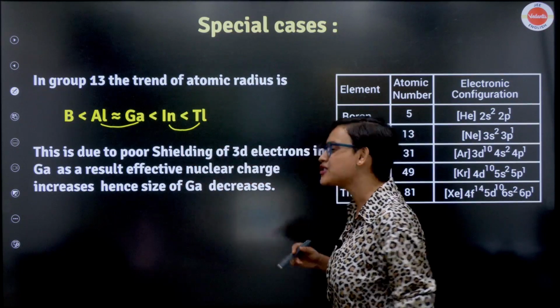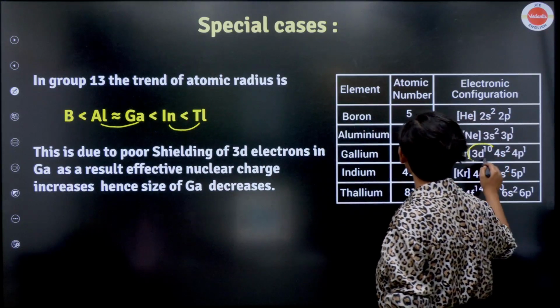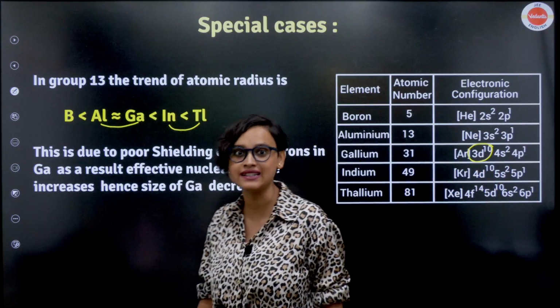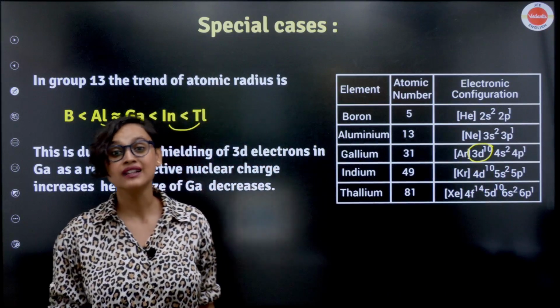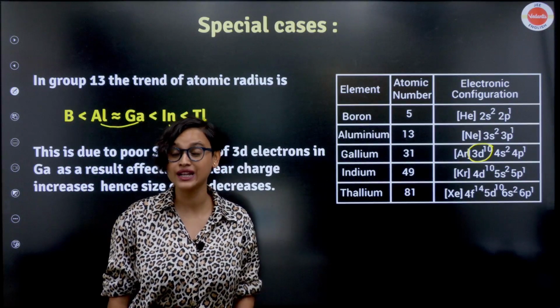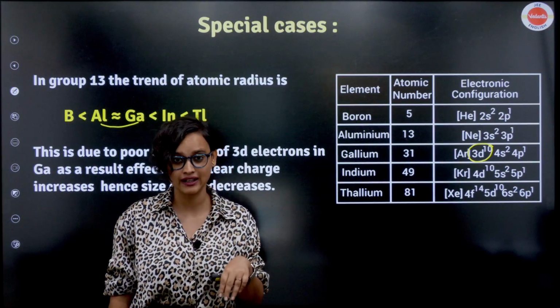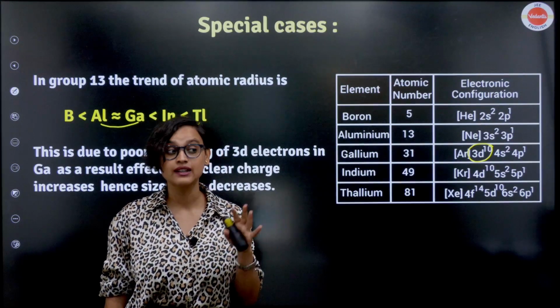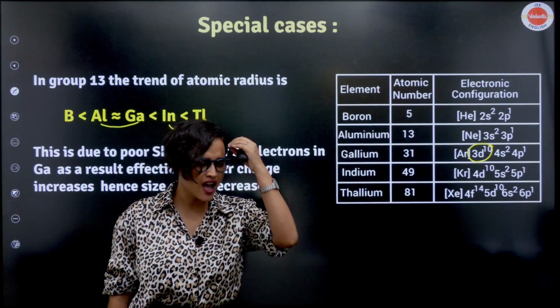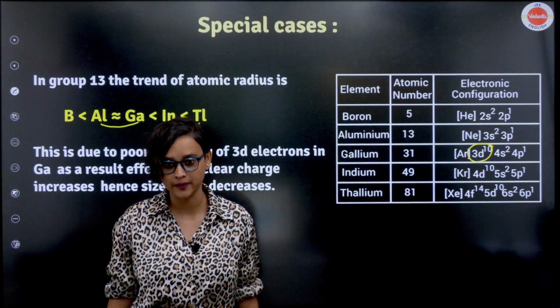Because when we come to gallium, there is an introduction of the 3d series. The d orbitals come into the picture. And do you remember, sometime back I told you that the shielding effect of s orbitals is great, p a little less, d even less, f absolutely worst. It's almost as if it's not there.